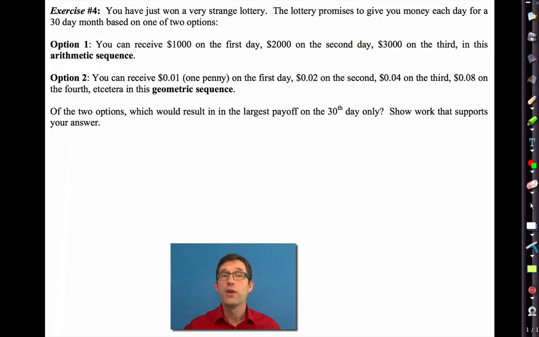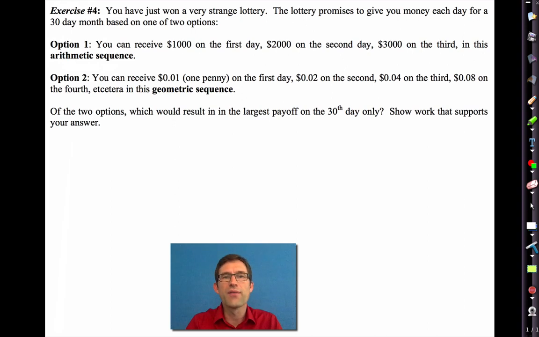Or you can receive $0.01, so 1 penny on the first day, $0.02, or 2 pennies, on the second day, $0.04 on the third, $0.08 on the fourth, etc., in this geometric sequence.